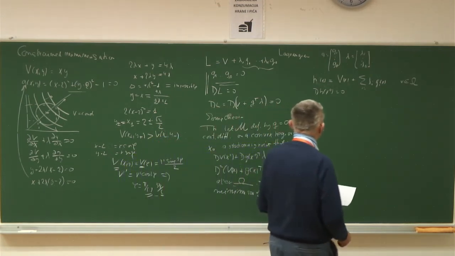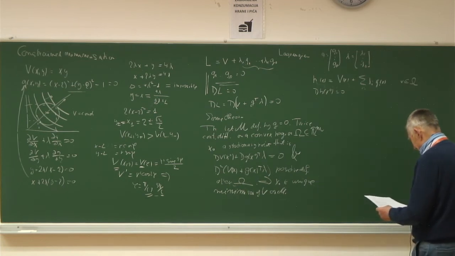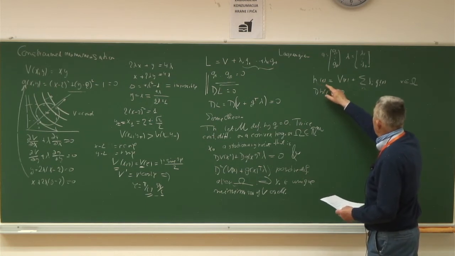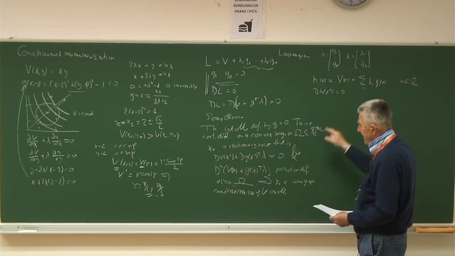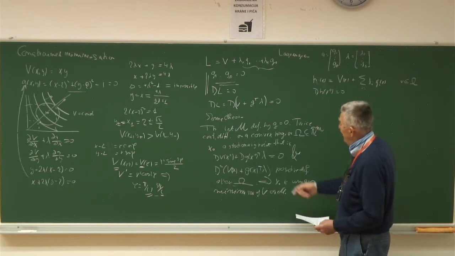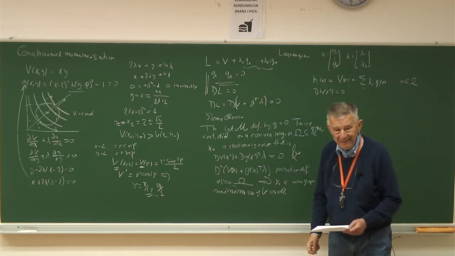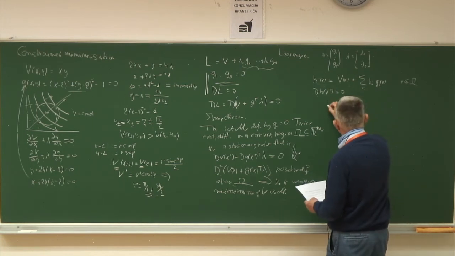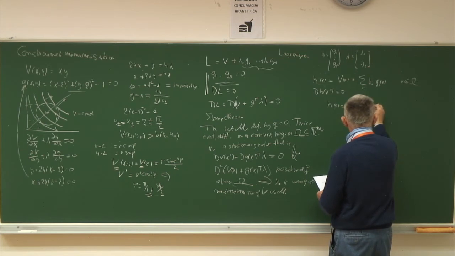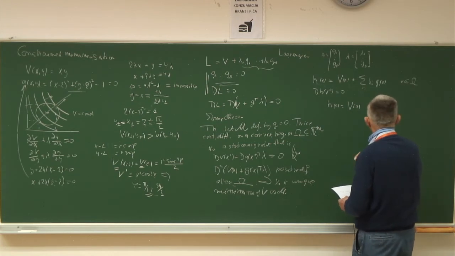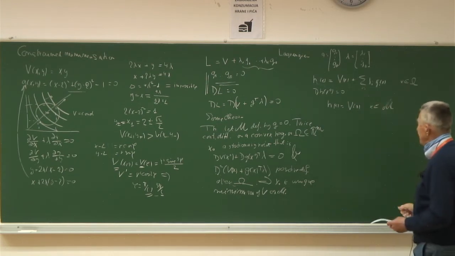But then, on M, the function h is identical with the function v, because there we have g equal to 0. So we have h of x equal to v of x on omega. Now that's the proof.